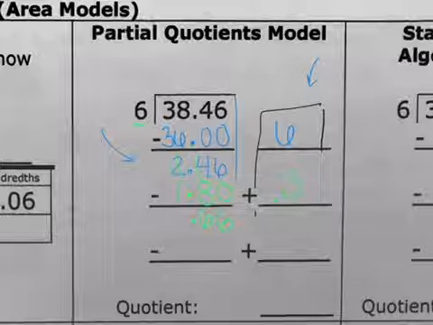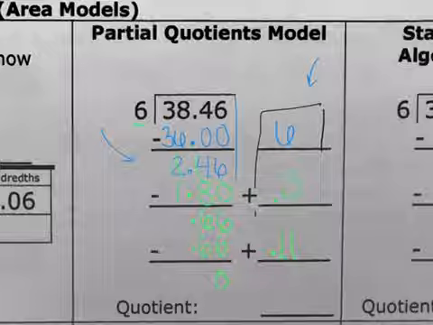Well, I know that 6 times 11 is 66, but I need 2 digits after my decimal. Therefore, I'm going to place my decimal in front of the 11 to make 2 digits after my decimal. So now when I take out a group of 11 hundredths of the whole 6, I'm going to take out 66 hundredths and get that remainder of 0.